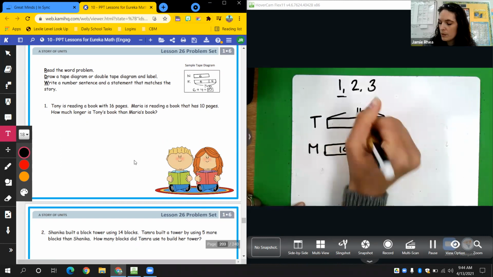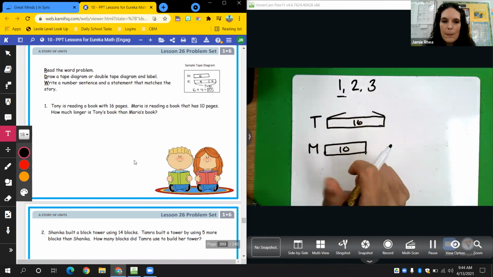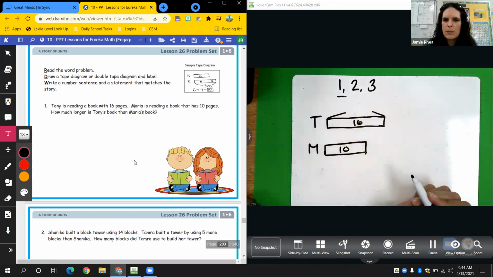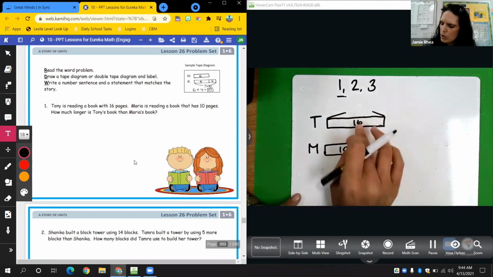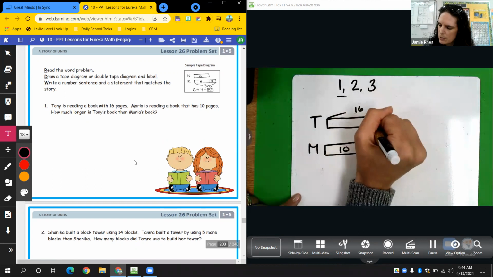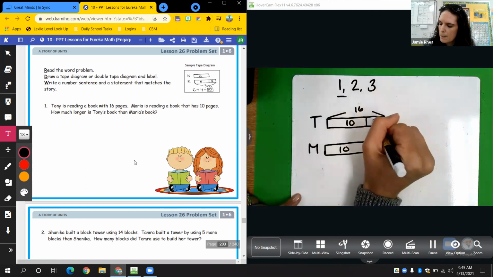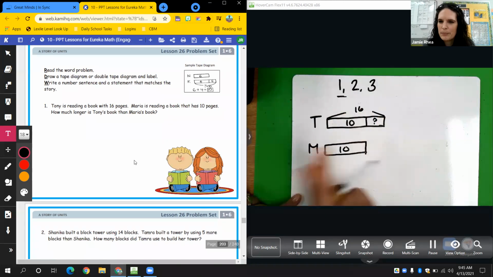Put a 10 here. Let's put 16 in here. How much longer is Tony's book than Maria's book? Okay. So, you know what? Let's take that 16 back out. Put it here. And let's make this one 10. How much longer is Tony's book than Maria's book?